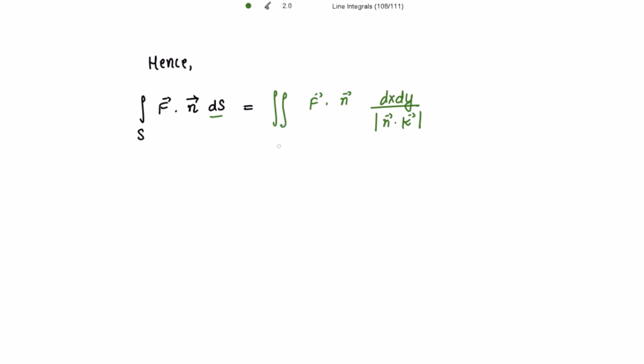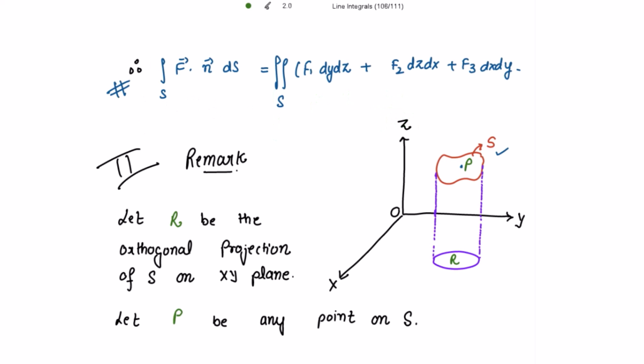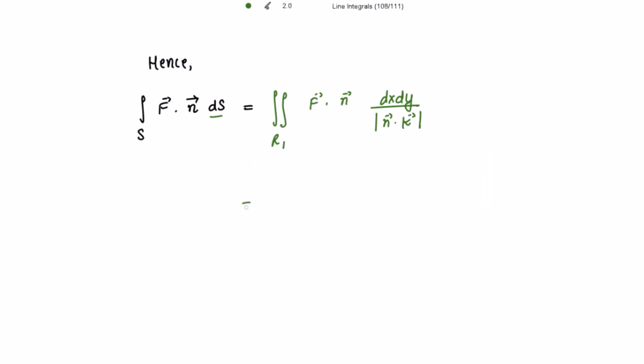So this is the integral over surface R1. Let me mention this R1 for the xy plane, and it is also equal to the double integral, if I consider the yz plane, then I will write here f vector dot n vector dy dz divided by mod of n vector dot product with i vector, right?